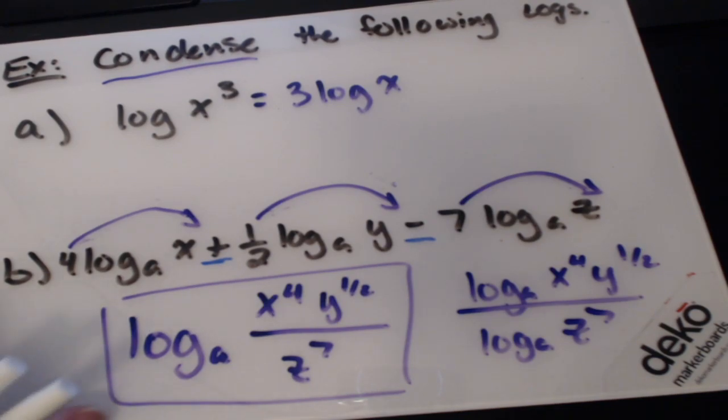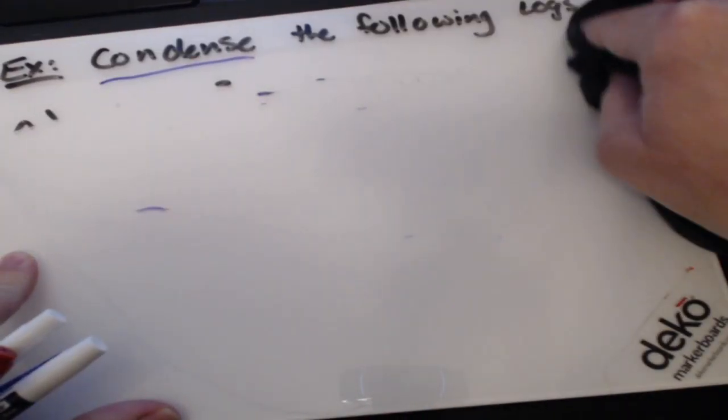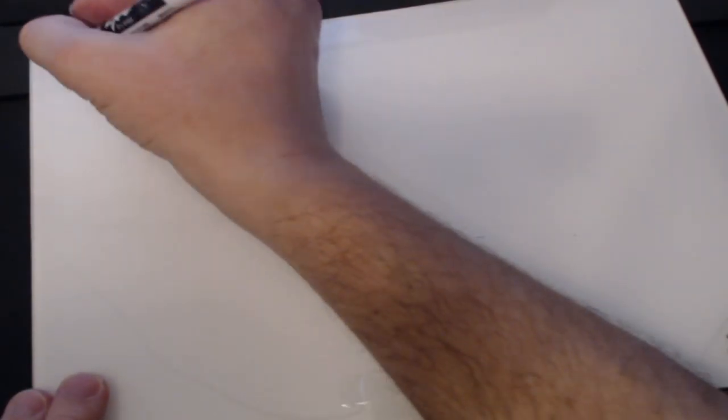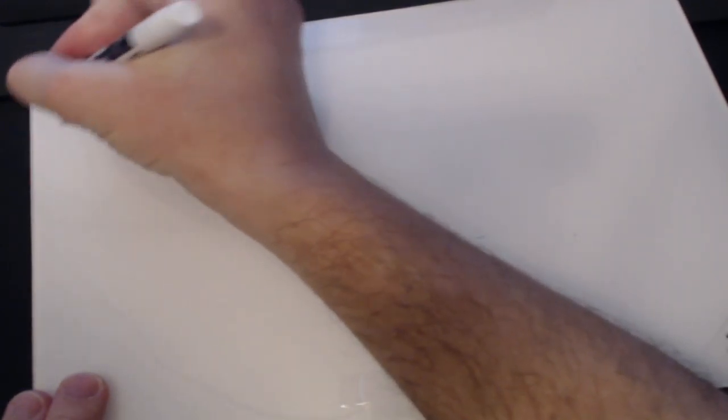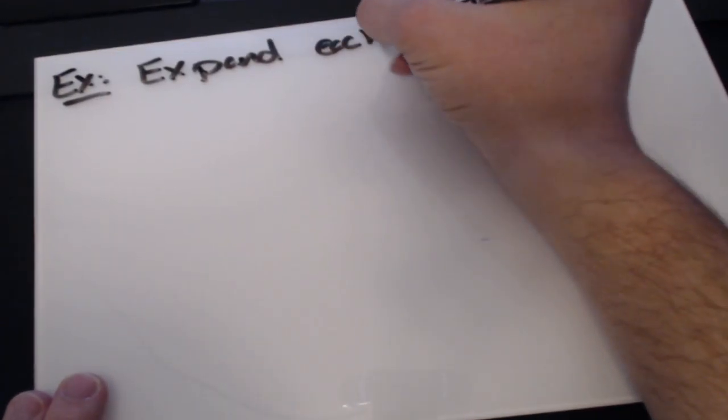All right, we can also have expanding logarithms. These concepts are not super crazy. It's just that if you don't ever see them, or you only see them once every few years, it makes it difficult to remember how to do. So, again, this time we have expand each logarithm. All right, we'll do 2 examples.